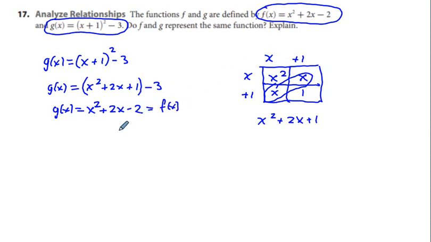So we say, yes, they are the same function. And then we are asked to explain. Okay, that's a pretty easy explanation.